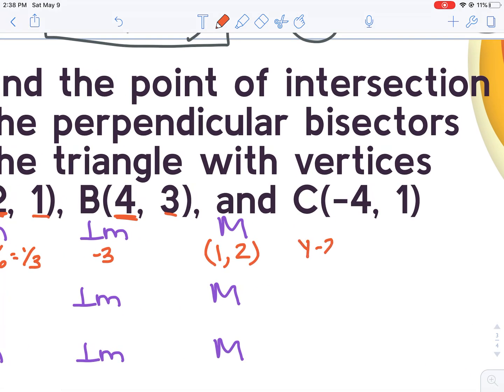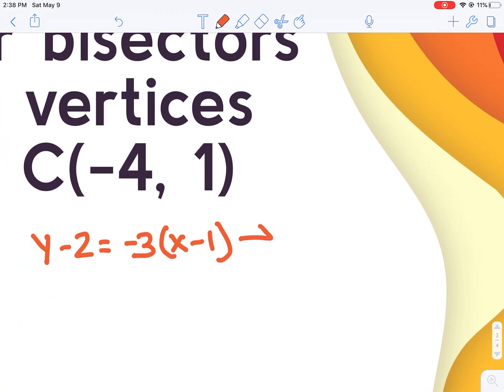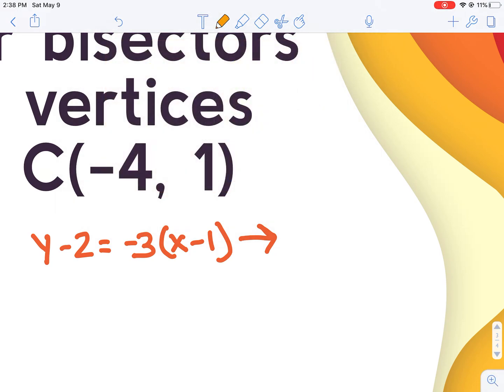So I'll get y minus 2 equals -3 times x minus 1. And then take that equation, distribute that -3, and add on the 2. So I end up with y equals -3x plus 3 plus 2. When I combine those like terms, I get plus 5.